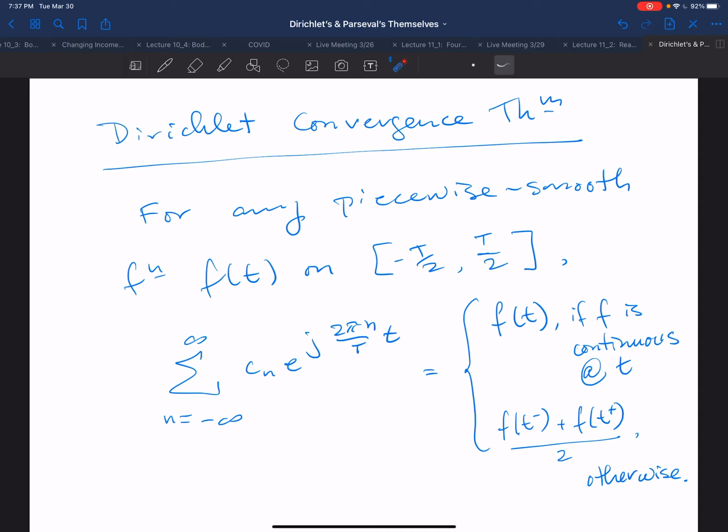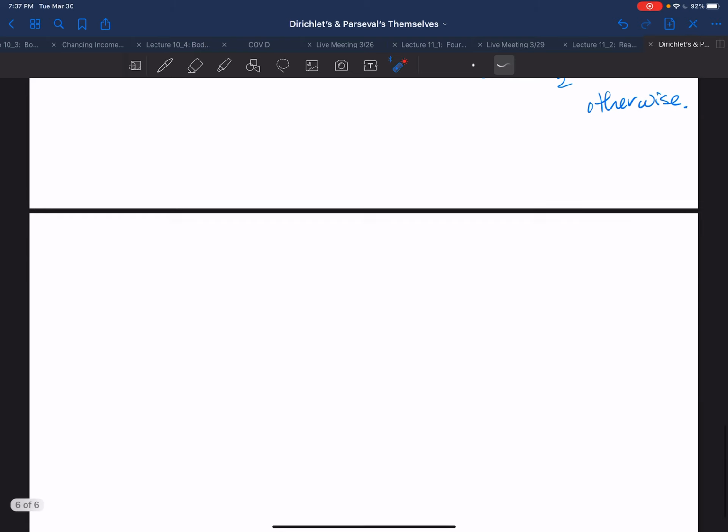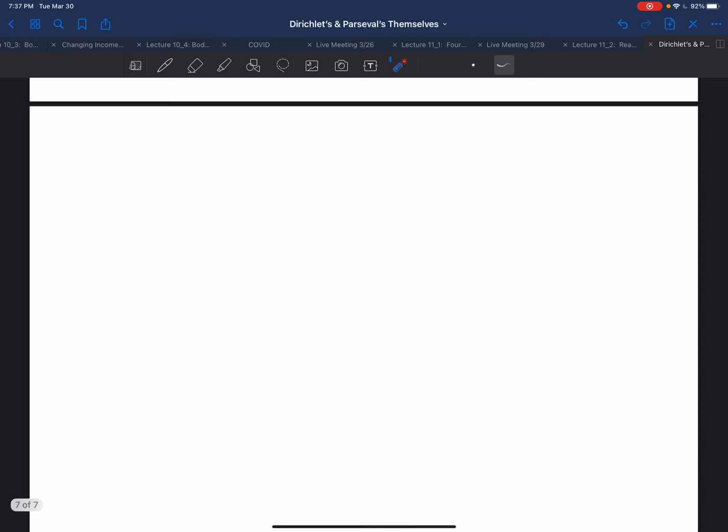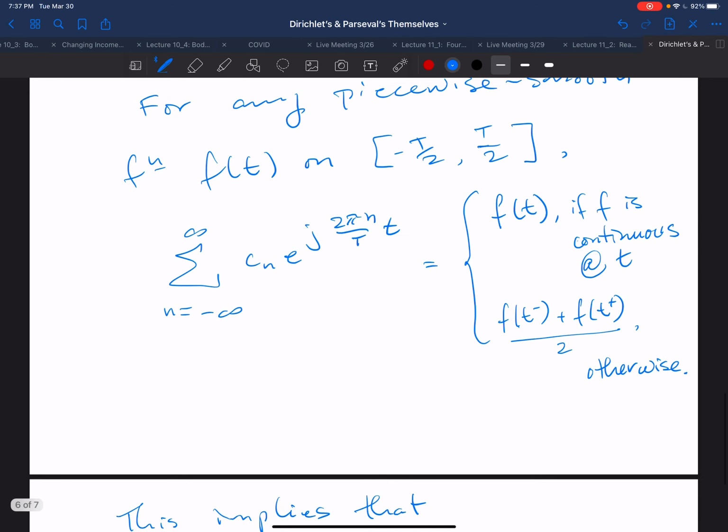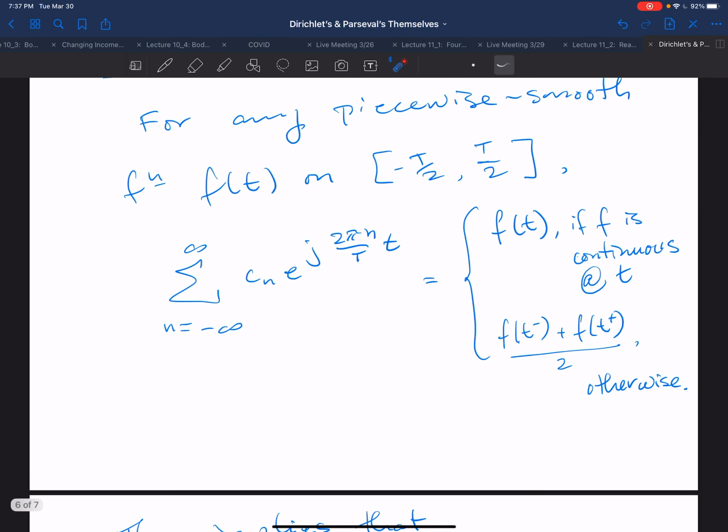And if we combine this with our result on the error function, given that the Fourier series converges almost everywhere to f of t, the total power in the Fourier series must be the same as the average power in f of t.